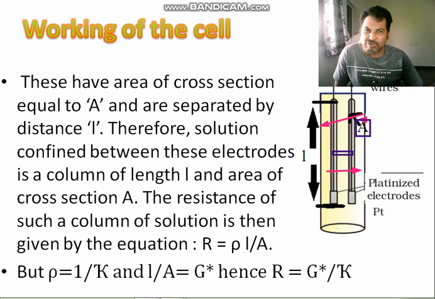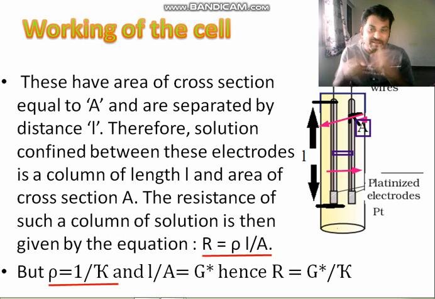Here we are not able to determine the length of the solution, and that's why we are doing all this. We know that R is equal to rho L by A, which we have derived, and that rho is equal to 1 by kappa. The inverse of resistivity is conductivity, and the inverse of conductivity is resistivity.